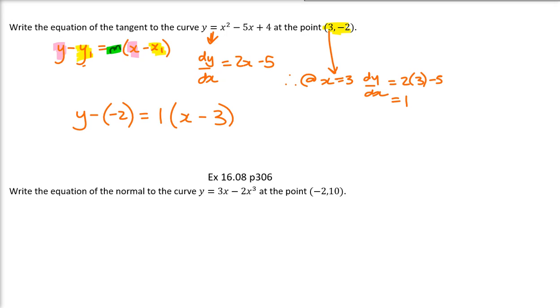Happy with that? Which if you collect your like terms, we go y plus 2 equals x minus 3. Now at level 2, you would have given me an equation of y equals x minus 5. You guys happy with that? Yep. At level 3, what they want you to write down is an equation that makes it equal to 0.